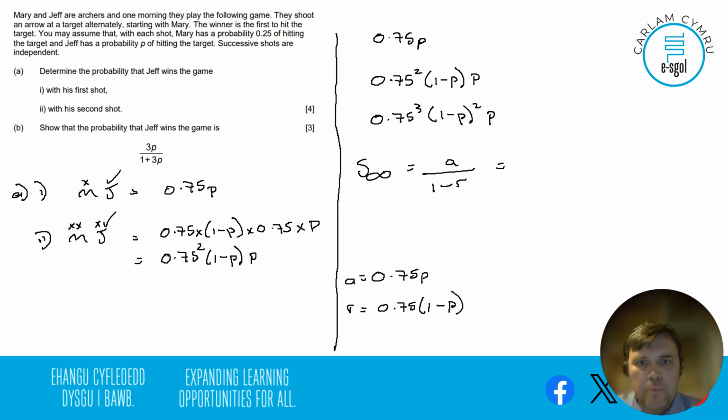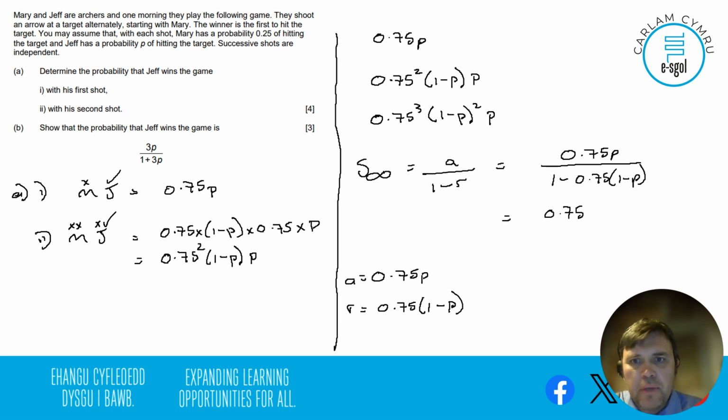So if we were then to substitute this in, it is going to be 0.75p over 1 minus 0.75 times 1 minus p. Simplified down, 0.75p on top, 0.25 on the bottom, because 1 minus the 0.75 is 0.25, and then minus and minus makes it a plus, so then that would be 0.75p.